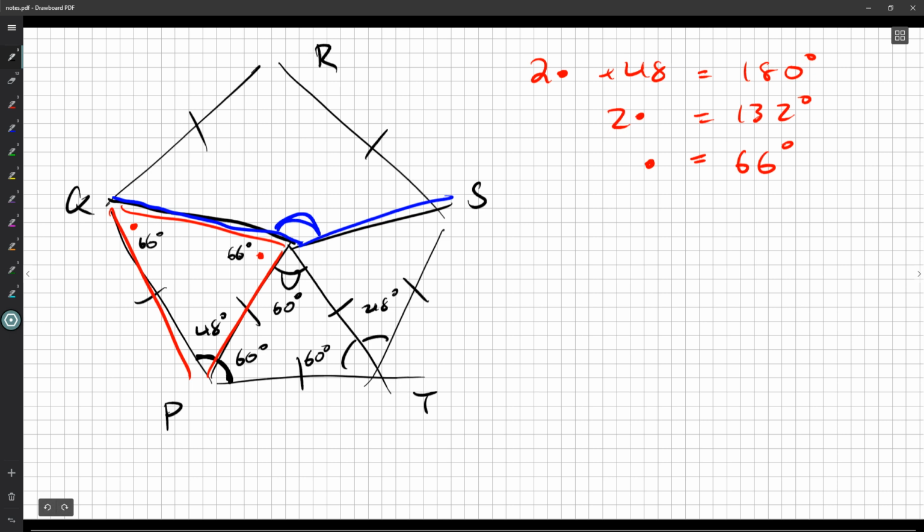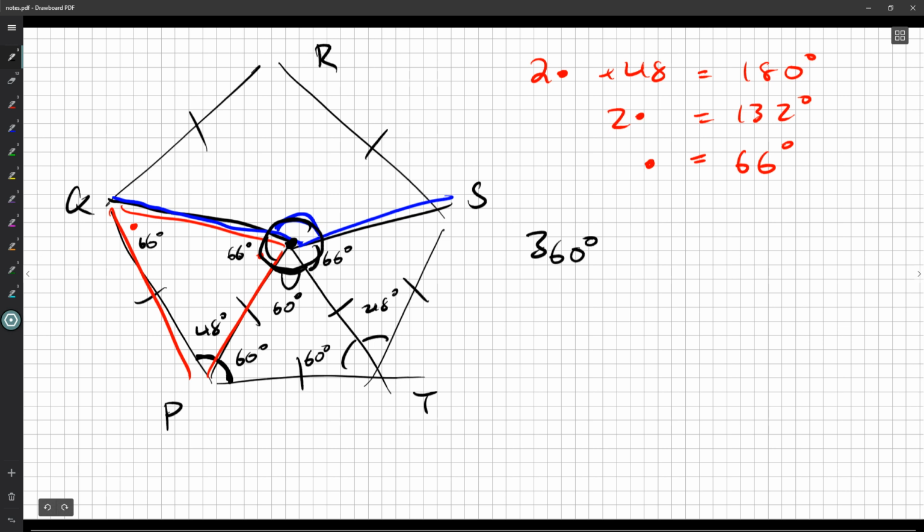In here, and in here, and in here, and look at that. We've got a 60 here, 66, 66 here. And so what's left? Well, our blue angle is what's left over. Around this point, we should have a full 360 degrees.